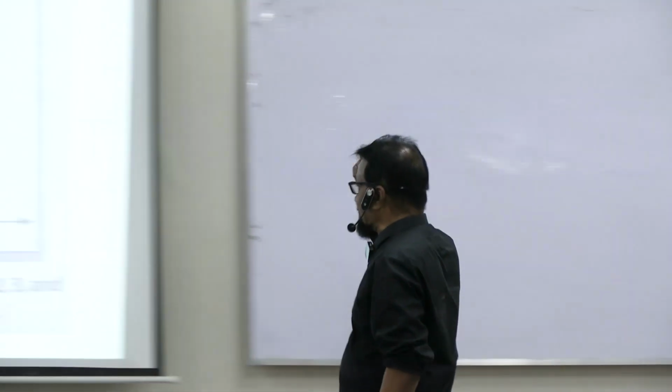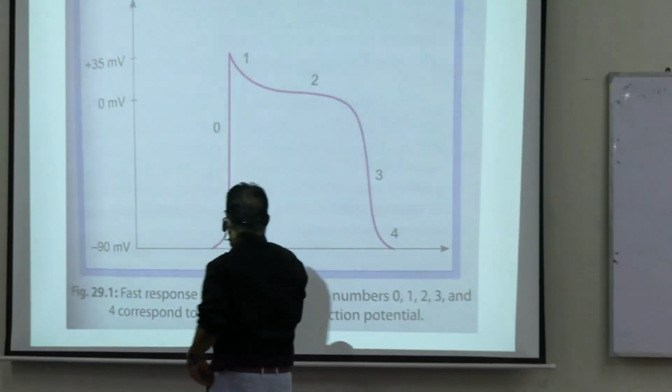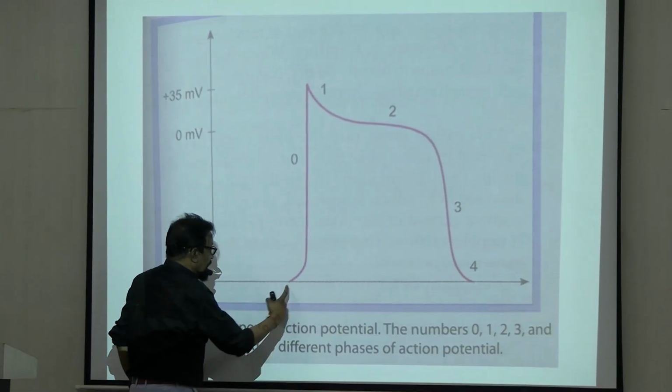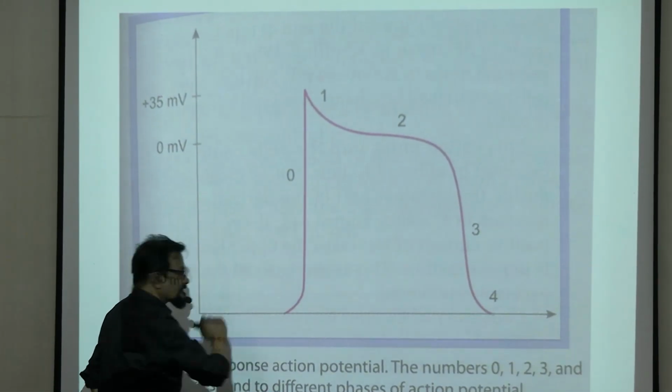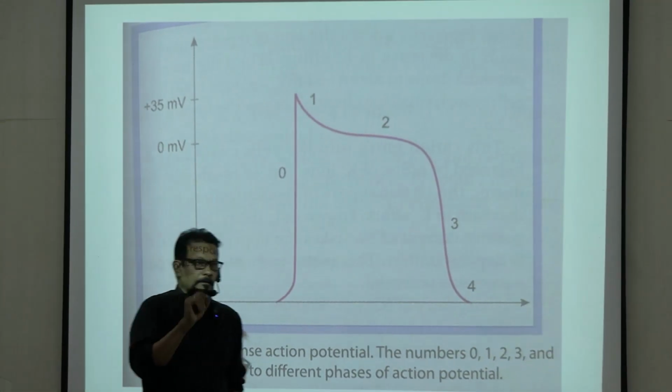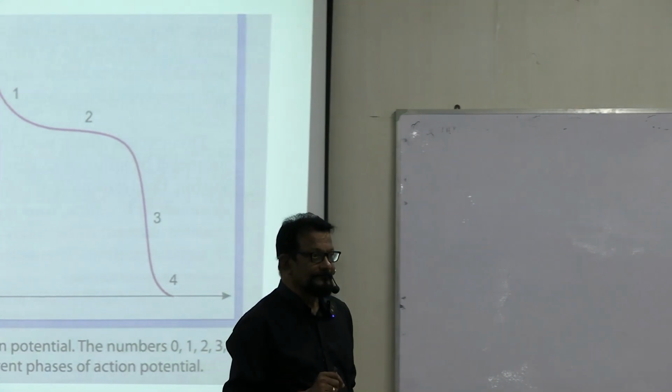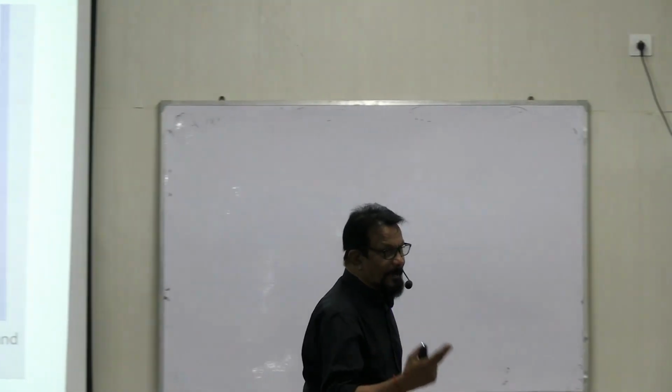Okay, so how is this action potential generated? Here is the cell, this is the time, so here the muscle got the stimulation. Then what happened? Permeability to sodium ion increased.